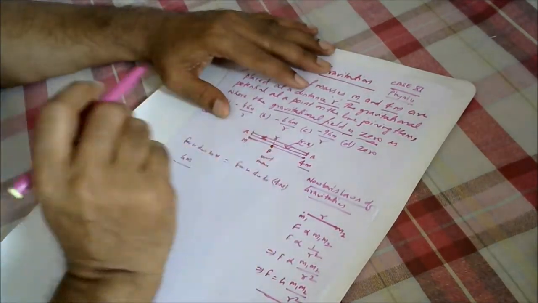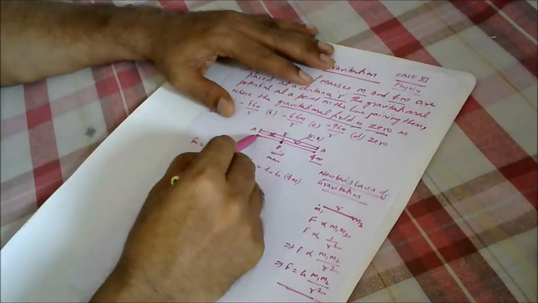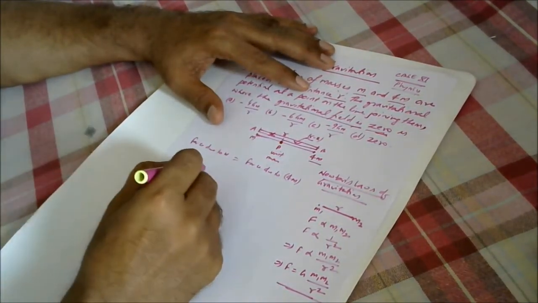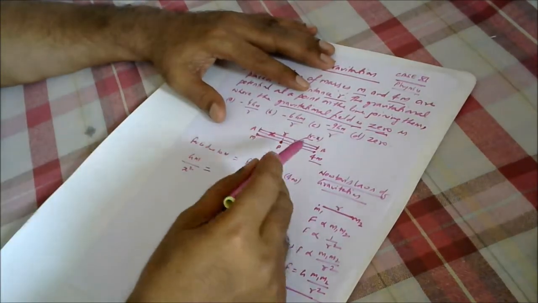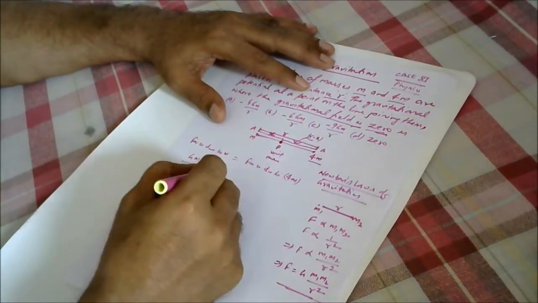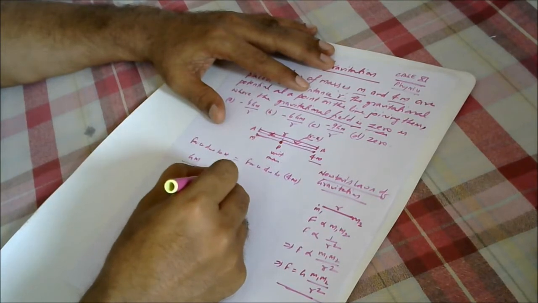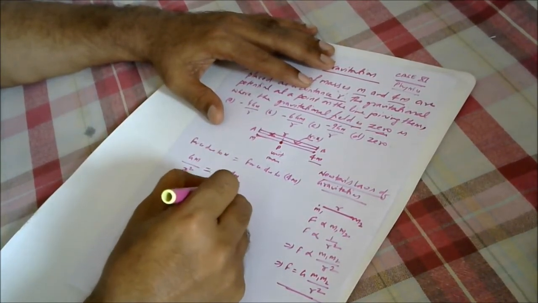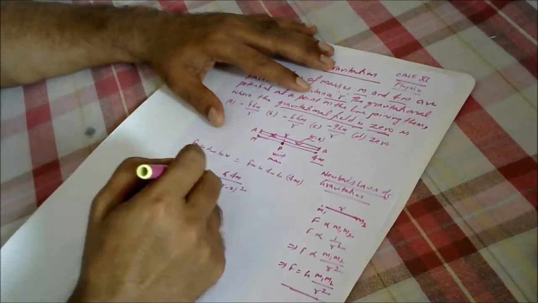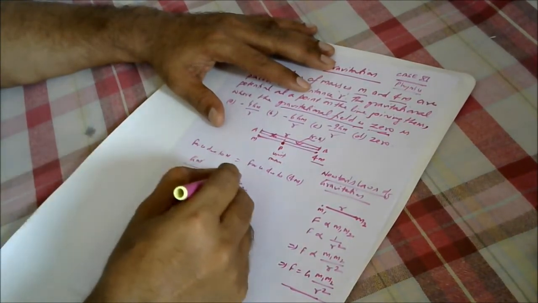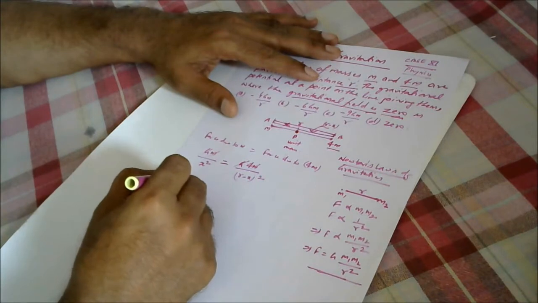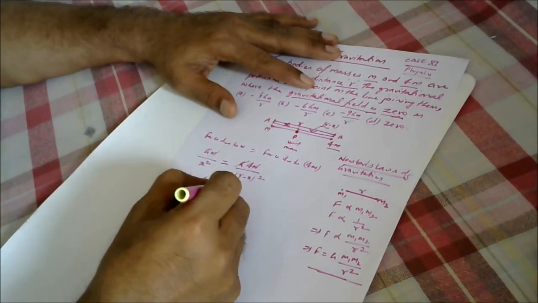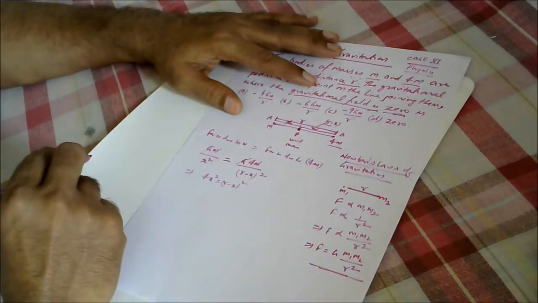So the square of the distance is x square, and further here we write G into 4m divided by r minus x whole square. So G and G will get cancelled, m will get cancelled. So we get 4x square equals r minus x whole square.